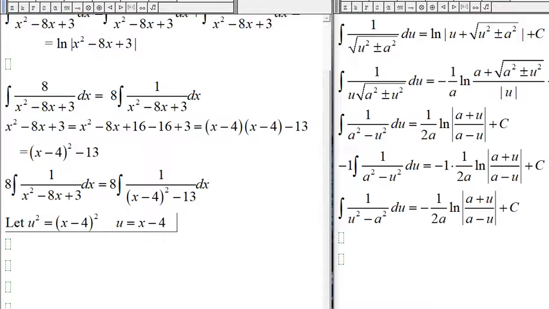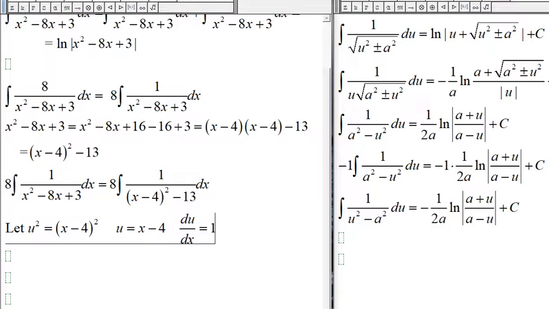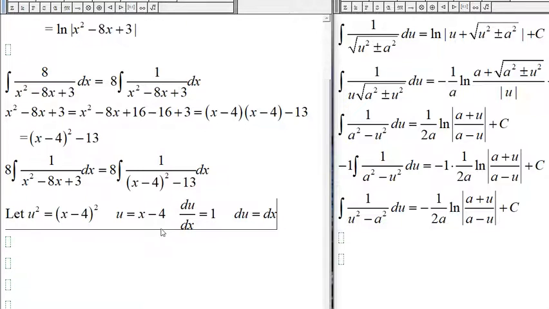So du dx will be 1, since the derivative of x is 1 and the derivative of 4 is 0. So this means that du is equal to 1 dx, or just dx. And then we let a squared be the 13, and taking the square root of both sides, a is the square root of 13.